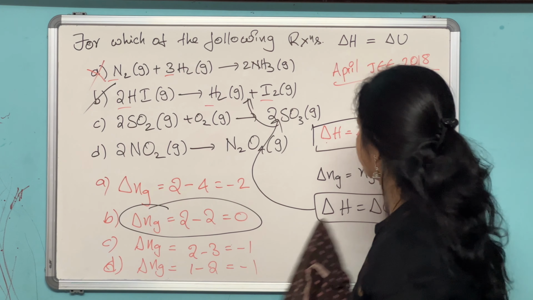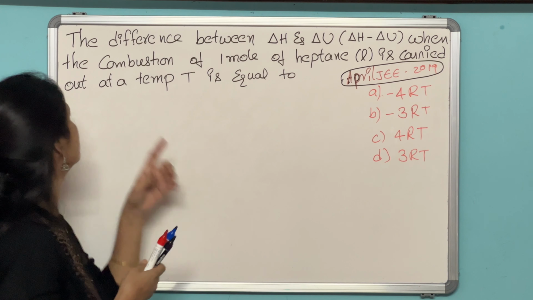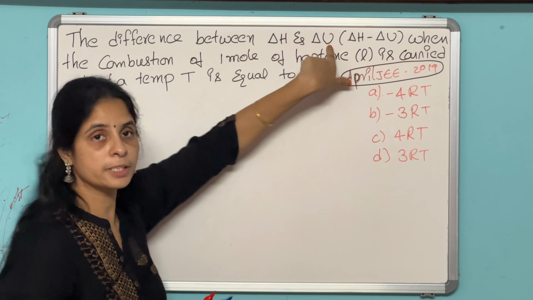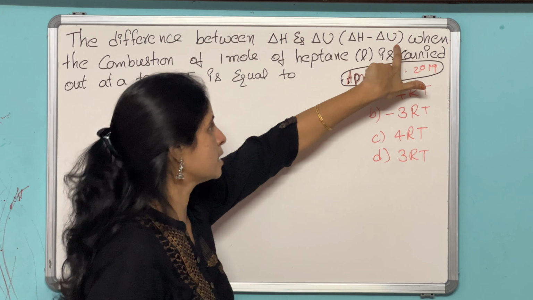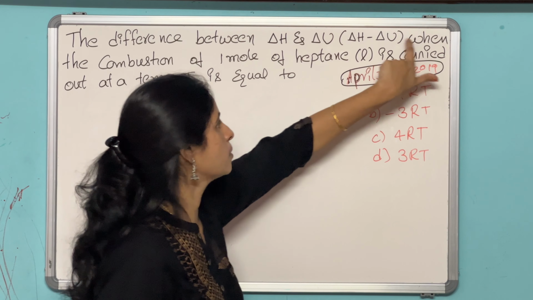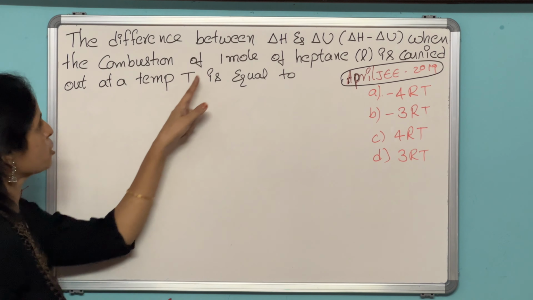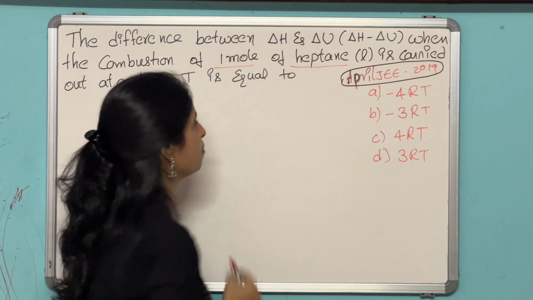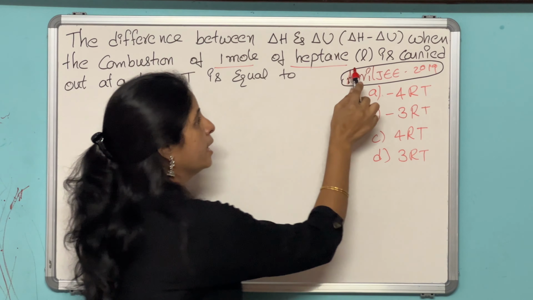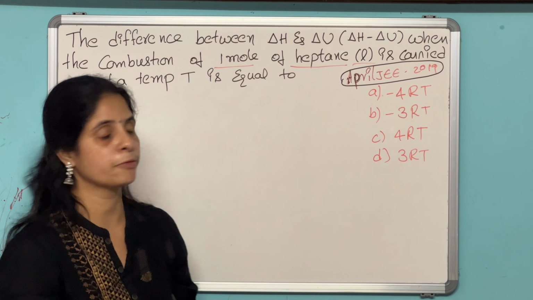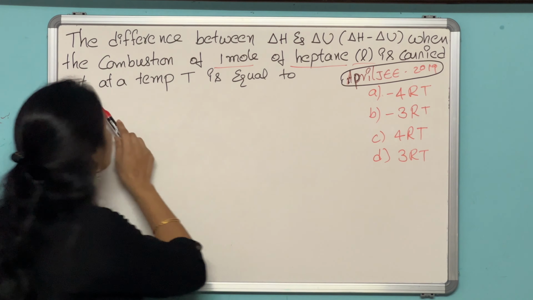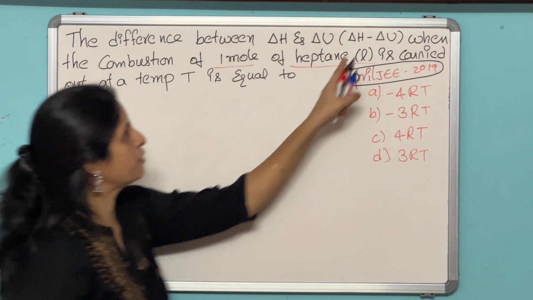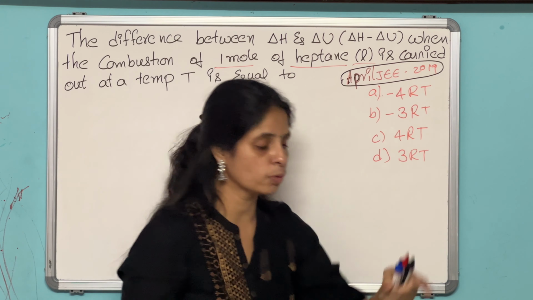Now look at this question. The difference between delta H and delta U. Difference means delta H minus delta U. He has given that also. The combustion of 1 mole of heptane, which is in the liquid form, is carried out at a temperature T. Now what is the relation between delta H and delta U?